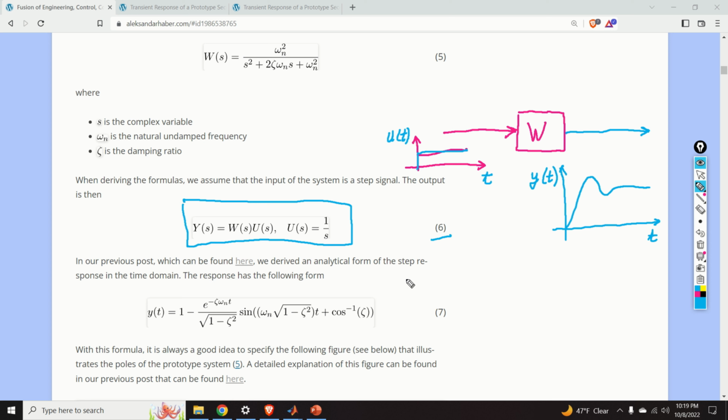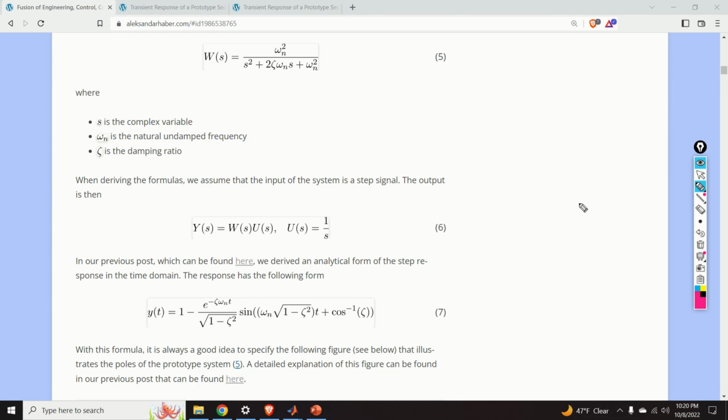The whole idea of deriving the peak time and the overshoot is to find the analytical expression for the step response in the time domain. And this analytical function describing the step response of the system in the time domain is given by the equation number 7. To make this video as short as possible, I will not derive the equation number 7.